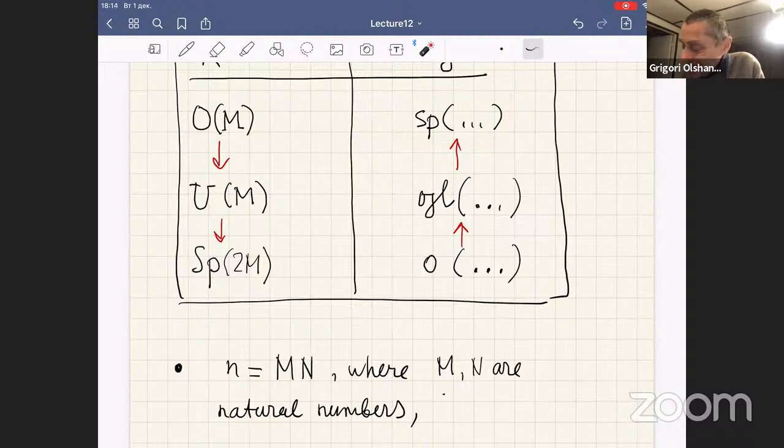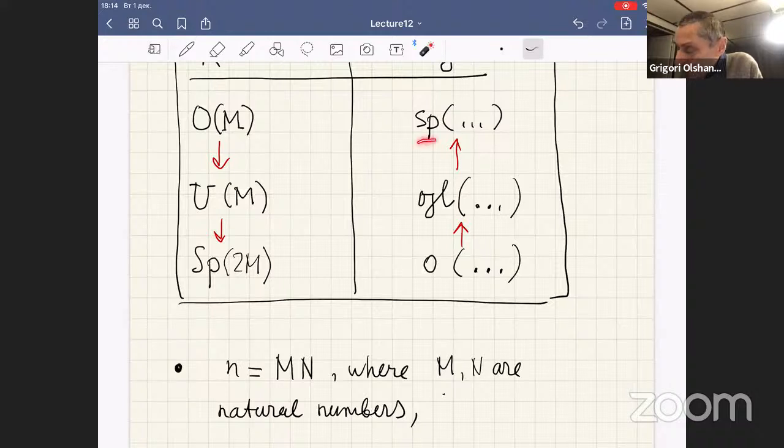Then we restrict this representation, which is actually called the Weil representation, or sometimes the oscillator representation.